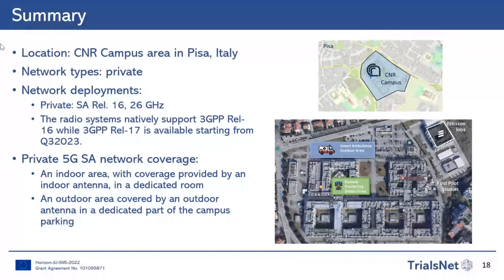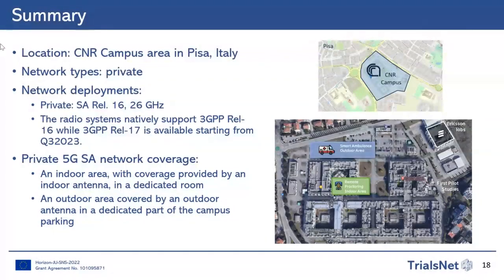Okay, thank you. The location is in Pisa, in the CNR campus, a National Research Center campus, where there is the hospital and the Ericsson site. The network type is private, and it is very important to say that the infrastructure is being set up from scratch, so it is not on field yet.